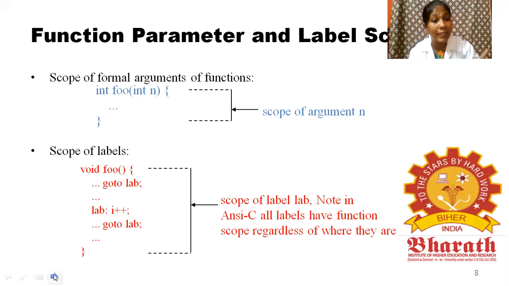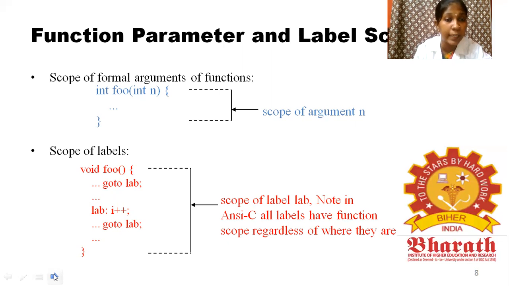Now, scope of labels. Here we have void FOO, which is a void function. Next, they have given goto lab, where lab is your label. The label is declared as lab colon i plus plus.